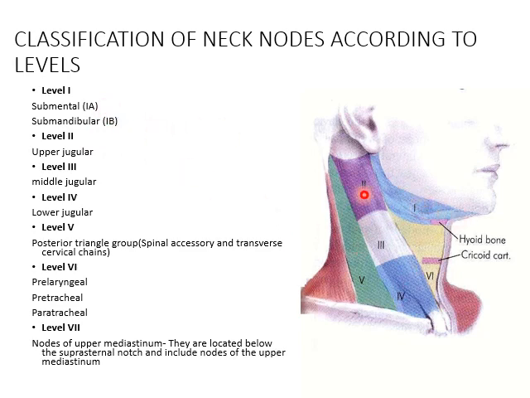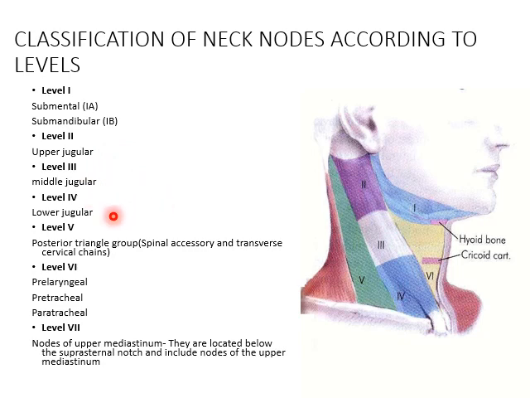Then along the internal jugular vein, इसको 3 पार्ट में डिवाइड किया, अपर 1/3, मिडिल 1/3, लोअर 1/3. So upper jugular is level 2, middle jugular is level 3, lower jugular is level 4.